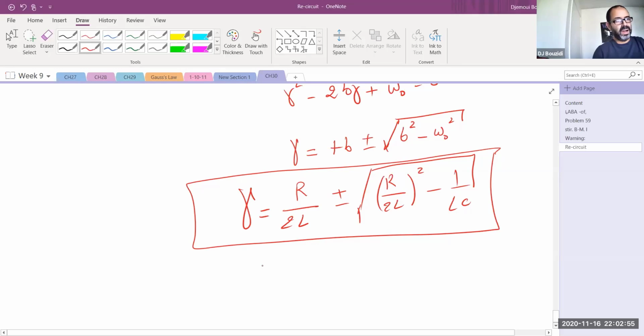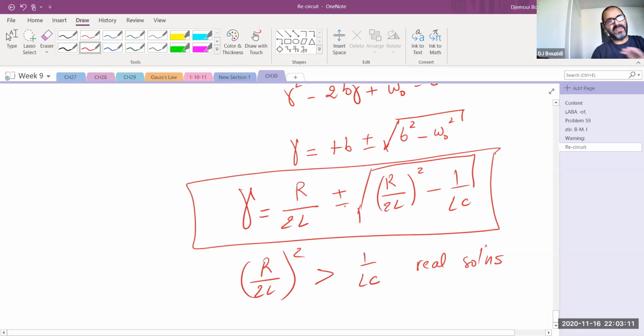Here is the deal. If (R over 2L) squared is more than 1 over LC, in this case we have real solutions. And these two real solutions are both positive. The gamma with the positive sign is positive, and the one with the negative sign is also positive, because R over 2L is more than the square root, no matter what.